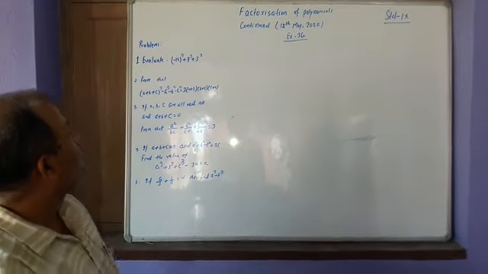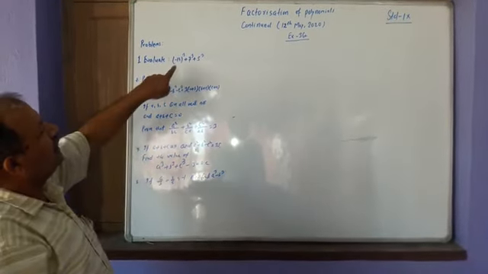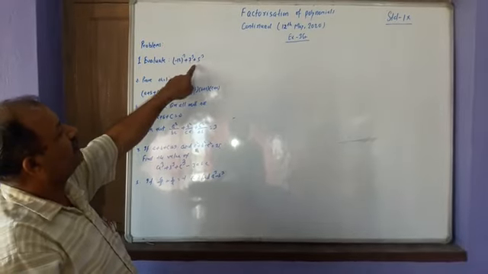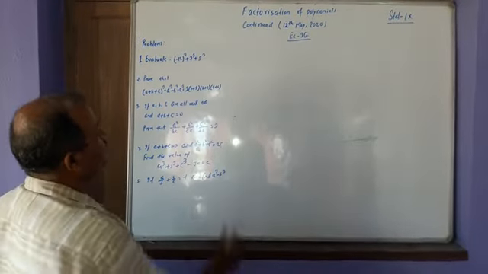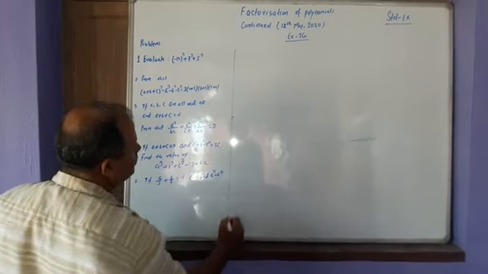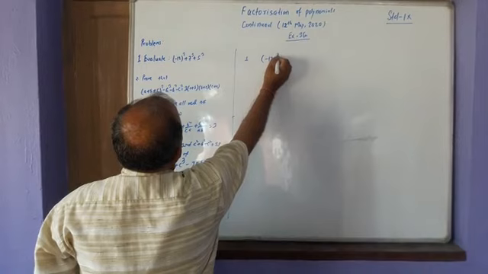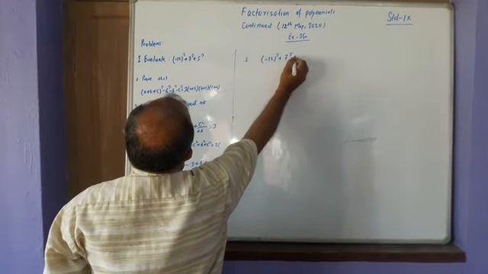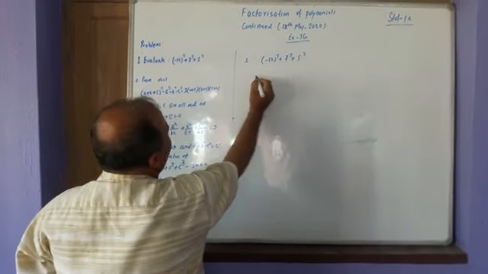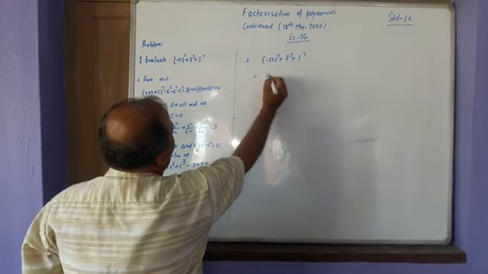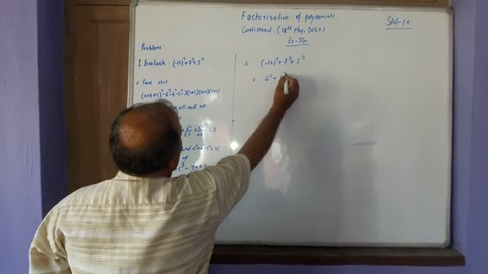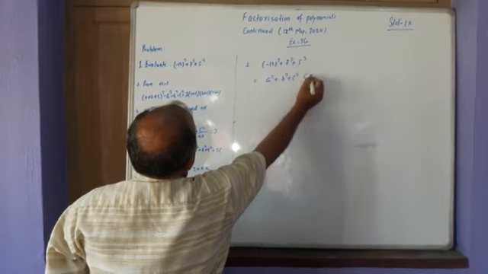See here, the first problem: evaluate minus 12 cube plus 7 cube plus 5 cube. You may write it as a cube plus b cube plus c cube.